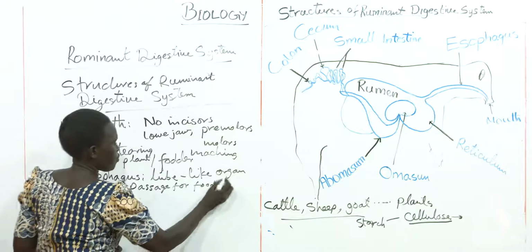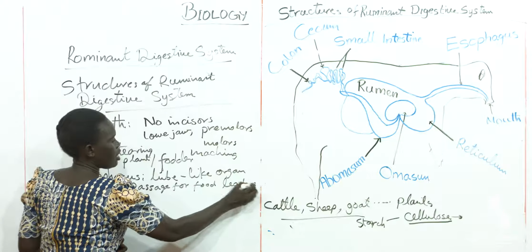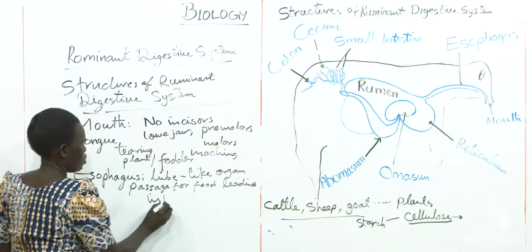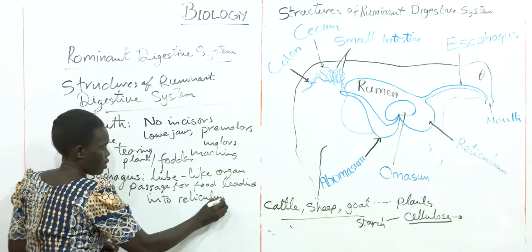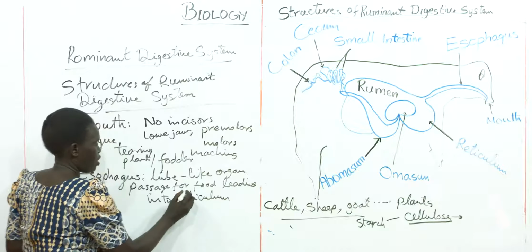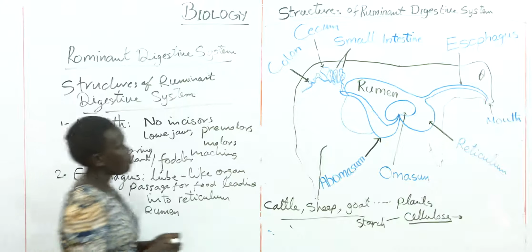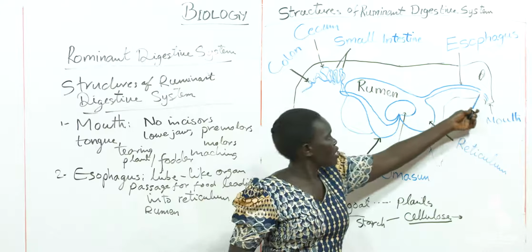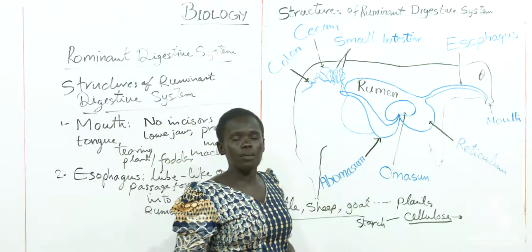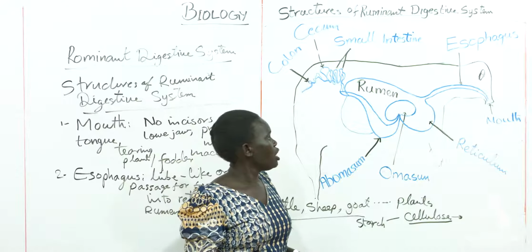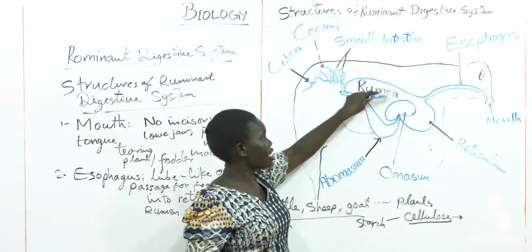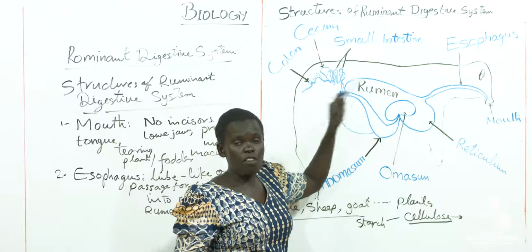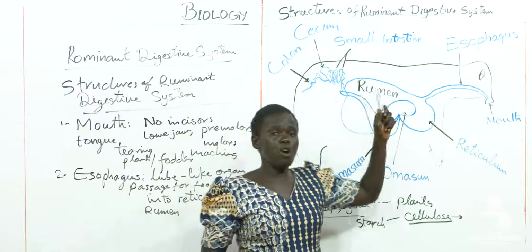Leading into the reticulum and the rumen. The esophagus, which is the passage of the food, is leading into the reticulum and the rumen. And this is the stomach. The stomach of the ruminant is divided into 4 rooms.